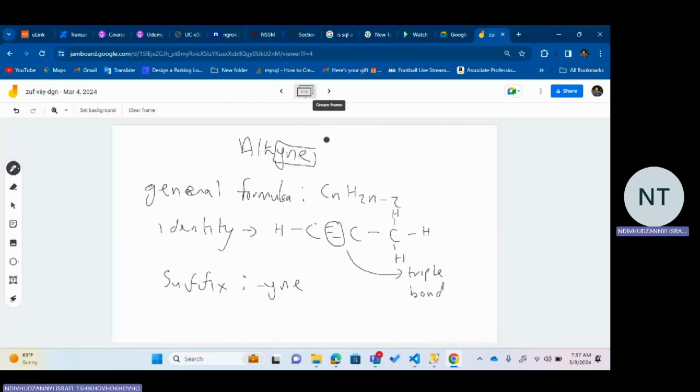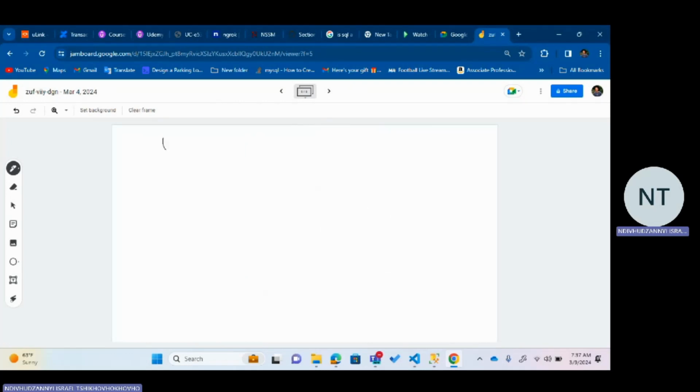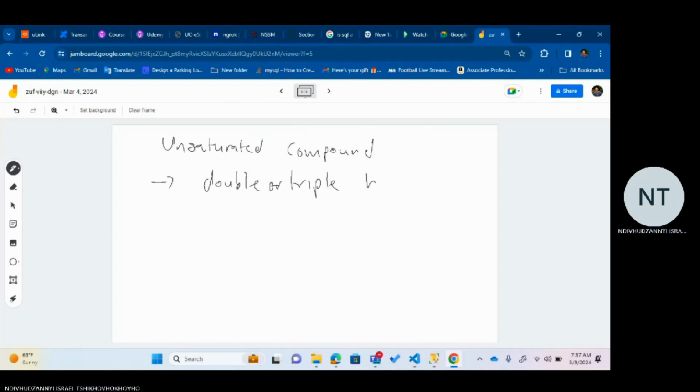I said alkene and alkyne fall under one category, right? So there's what we call an unsaturated compound. So this one, I can call it a compound that consists of double or triple bonds between the C atoms of a molecule or an organic molecular structure.